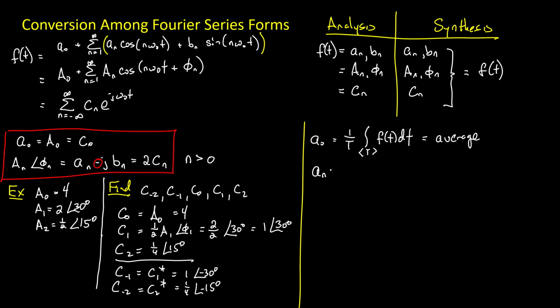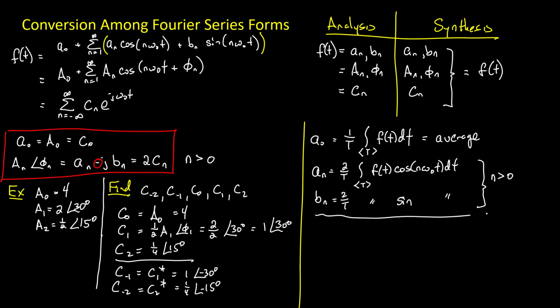And then a sub n is equal to 2/T times the integral over any period of f of t times cosine of n omega naught t dt. And that's true for n greater than 0. Similarly, our b sub n is 2/T times, and everything here, I'm not going to write it down, is the exact same, except we're going to talk about sine. So this is the analysis equation for our a sub n, b sub n terms.